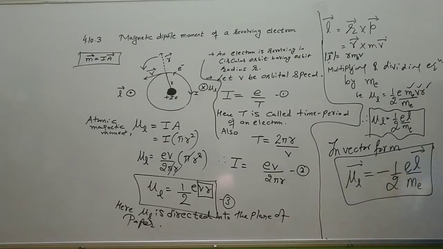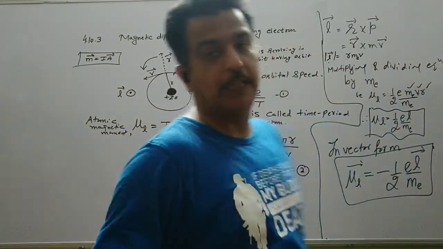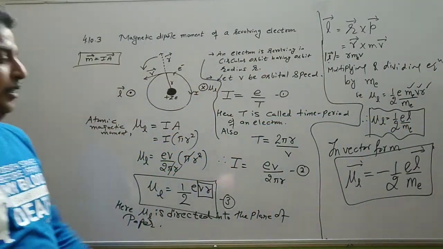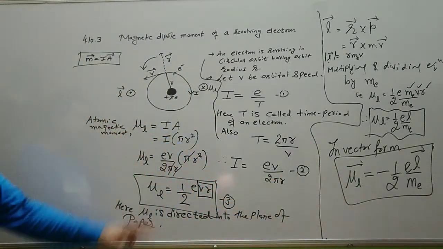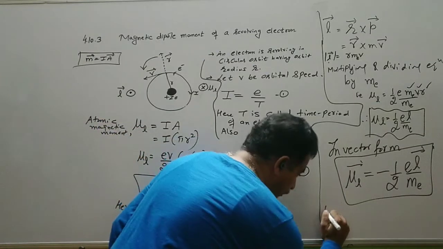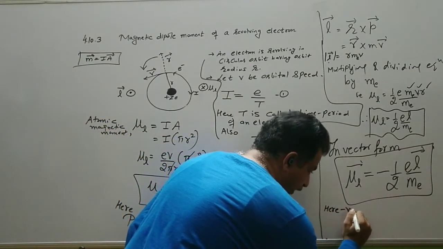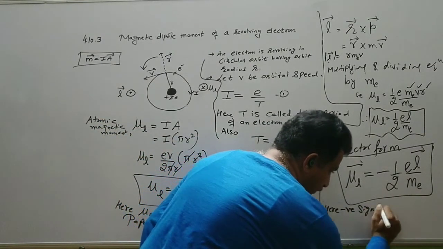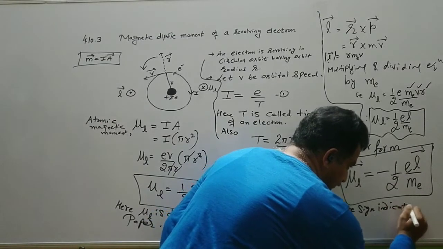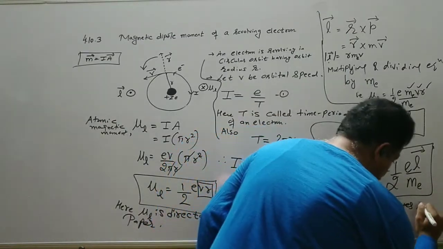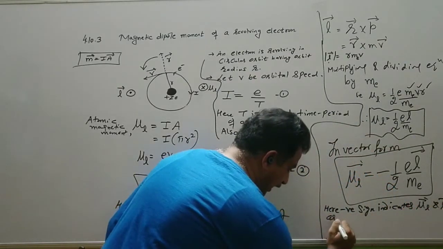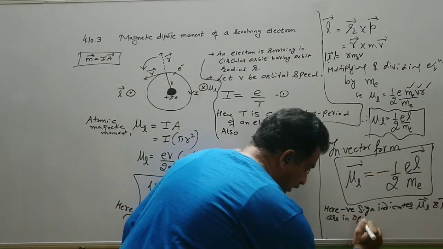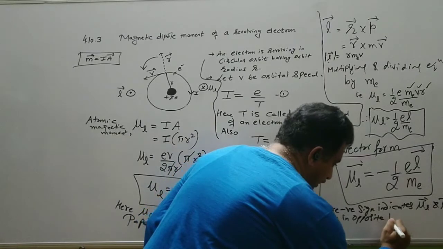Why this negative sign? Here the negative sign indicates that the atomic magnetic moment and angular momentum are in opposite direction. So here the negative sign indicates mu L vector and L vector are in opposite direction.